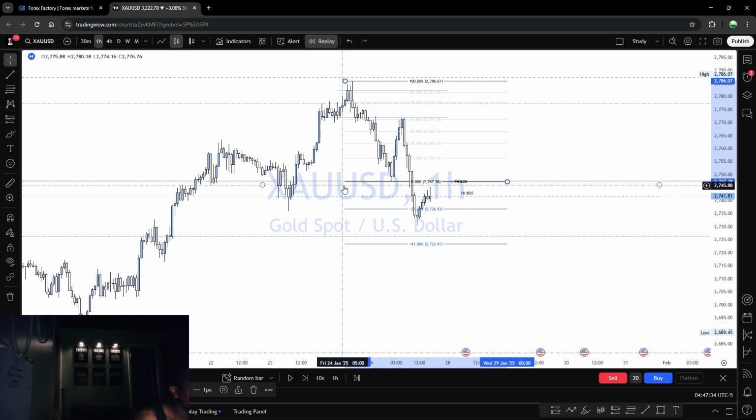But now that we got this clear break here and price pushing back, we're looking for the correction for price to continue.